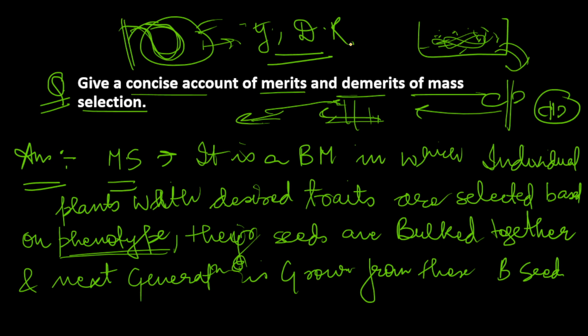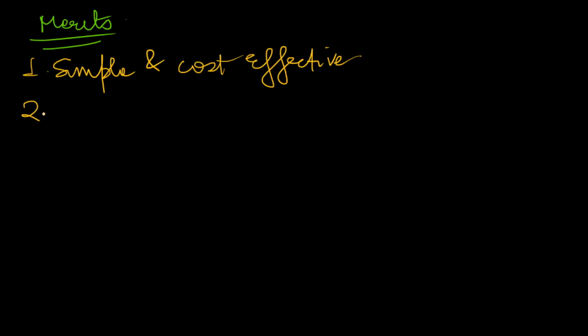You can see here we are just selecting the plants, bulking the seeds and growing generation after generation to get stabilized results, and that too on the basis of phenotypes, that is, appearance, the characters which we are able to observe instead of genes. So there is no specialized equipment, mechanization or special technique required, which makes it simple and cost effective.